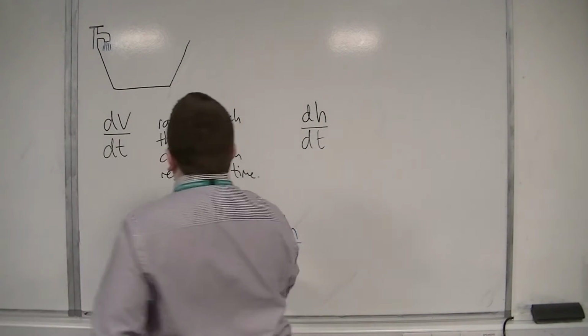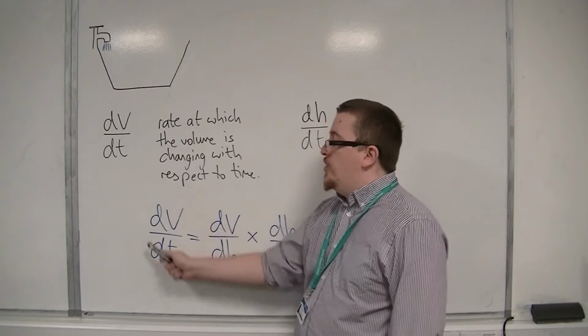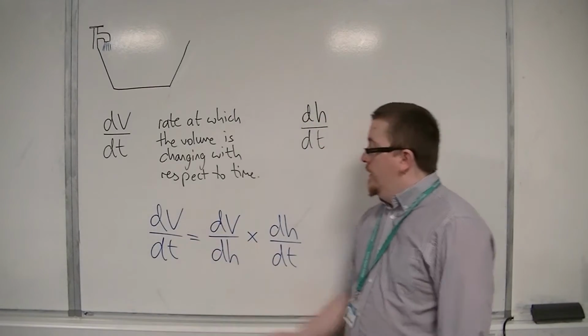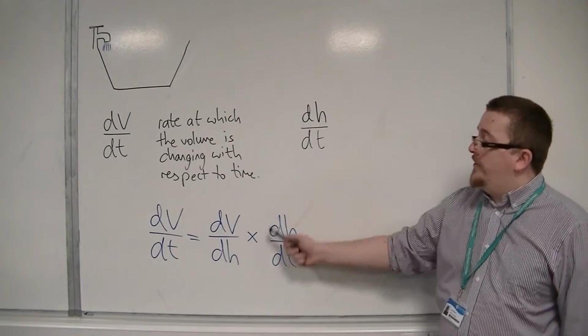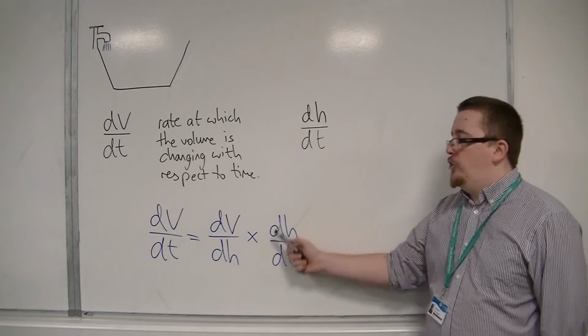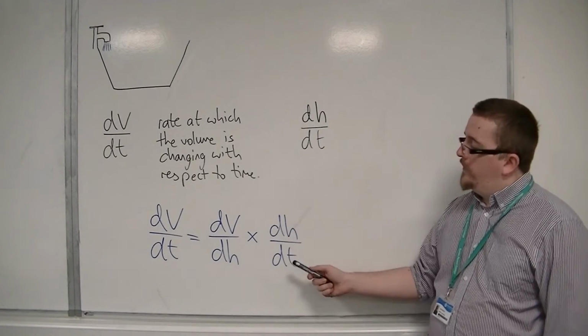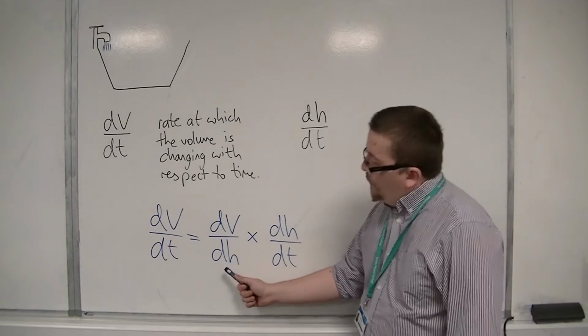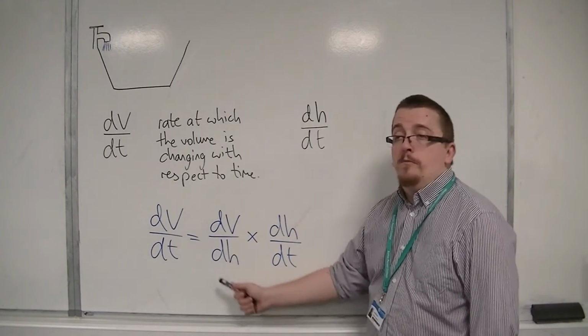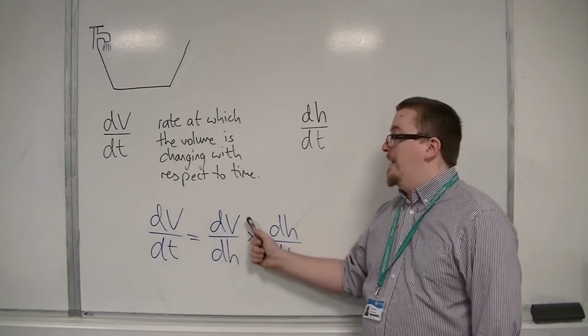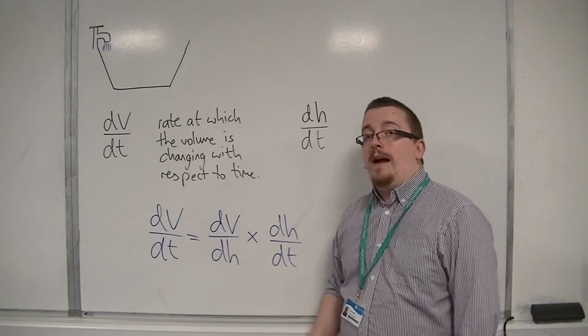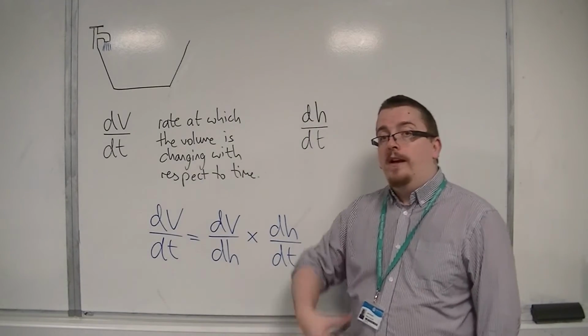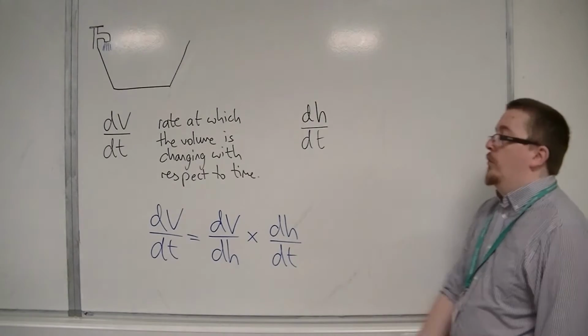So here is the rate at which the volume is changing with respect to time. This is the rate at which the height of the water is changing with respect to time. And this would be the rate at which the volume is changing with respect to the height of the water. So as the height of the water changes, how is the volume of the water changing?